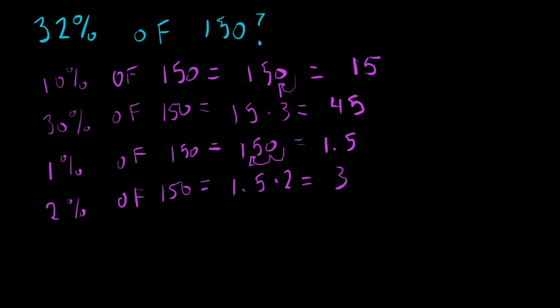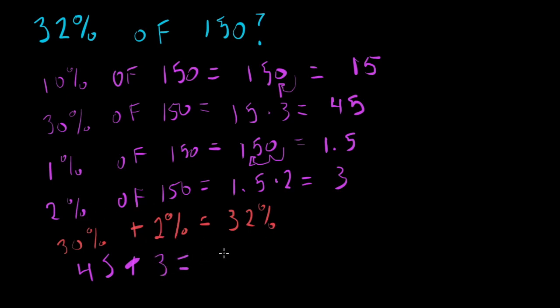So now we know that 30% plus 2% is equal to 32%. Now we said 30% was 45, plus 2% is 3, so that means our answer is 48. So 32% of 150 is 48. All right, great work.